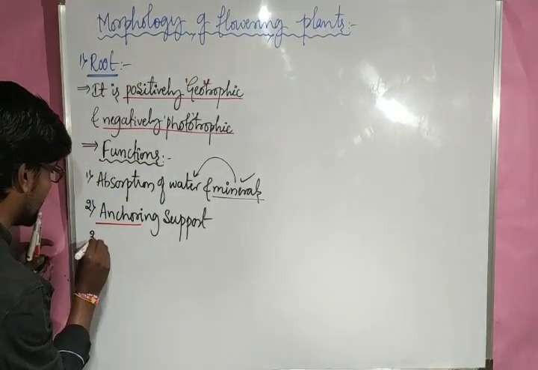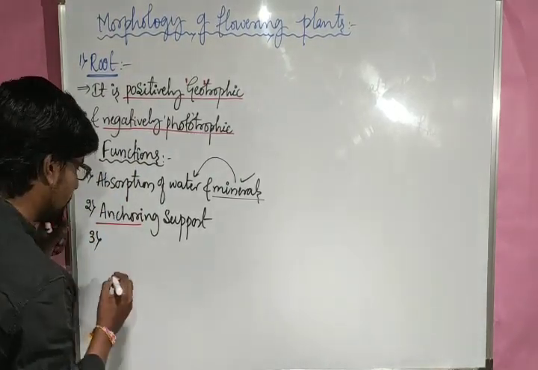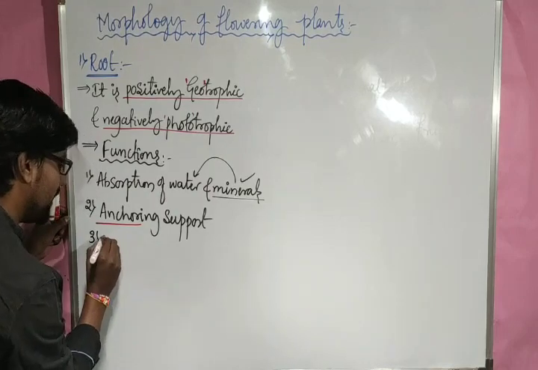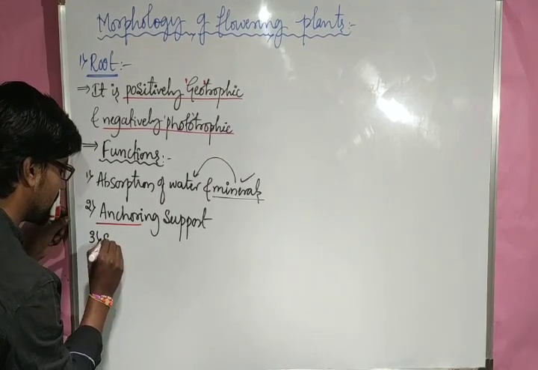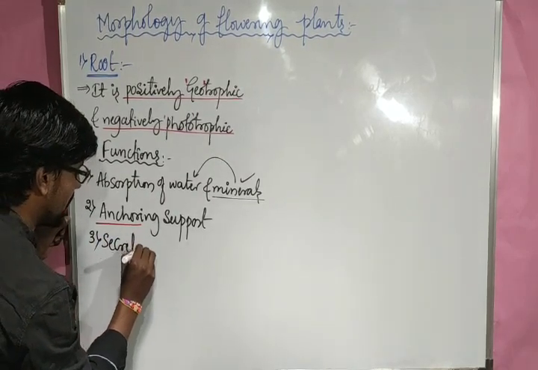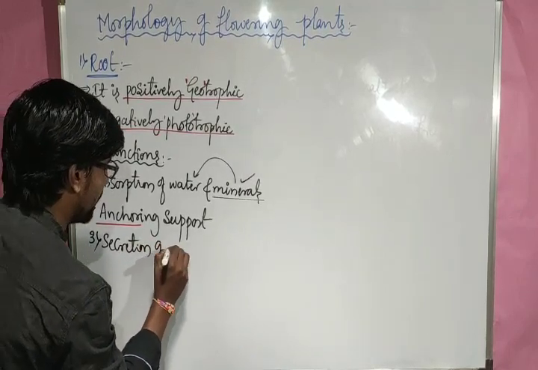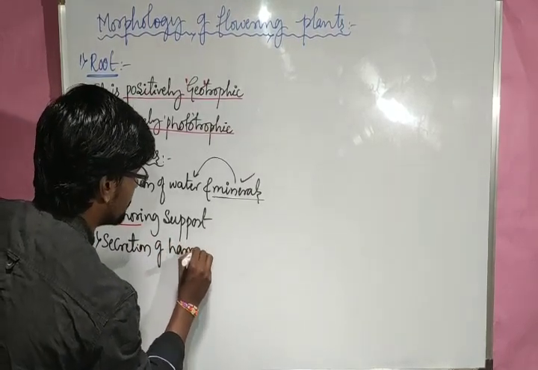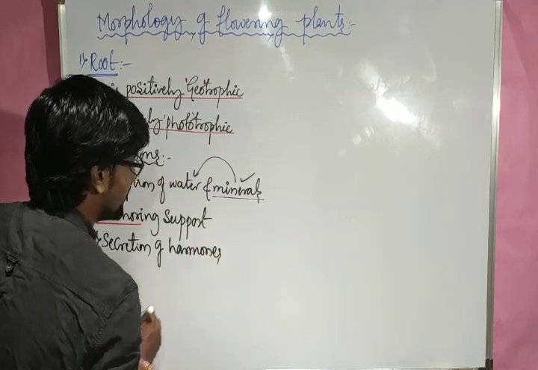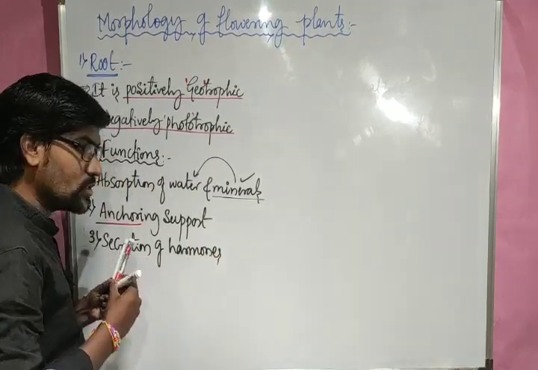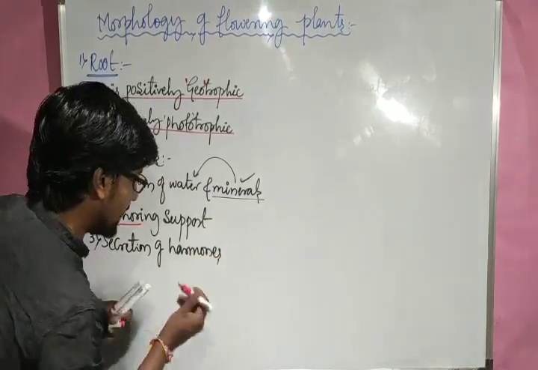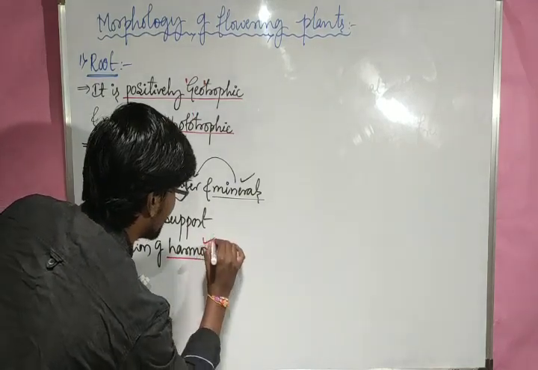And the third thing, the root helps in the secretion of some hormones. So the root's another major function is it helps in the secretion of some hormones.